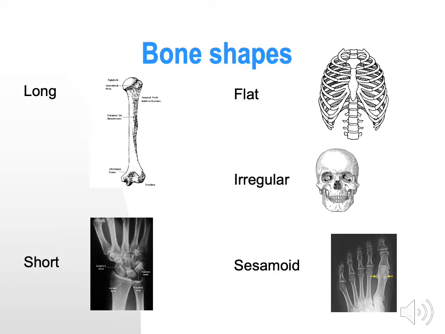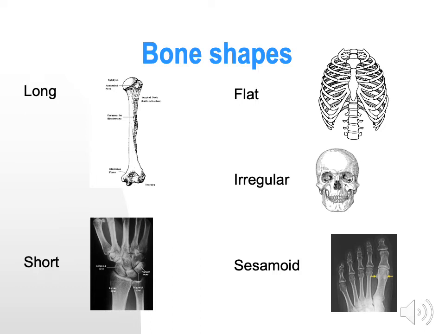Flat bones are generally very, very thin. They're composed of two layers of compact bone, which sandwiches a thinner layer of spongy bone tissue in the middle. Flat bones give a large amount of protection and give a large surface area for muscular attachment.